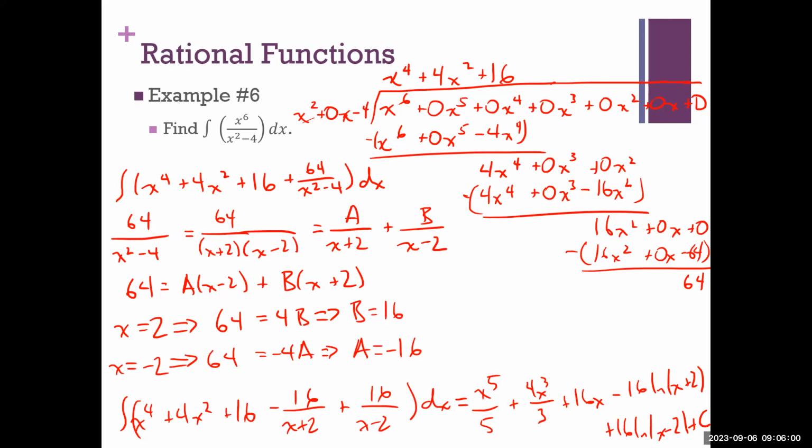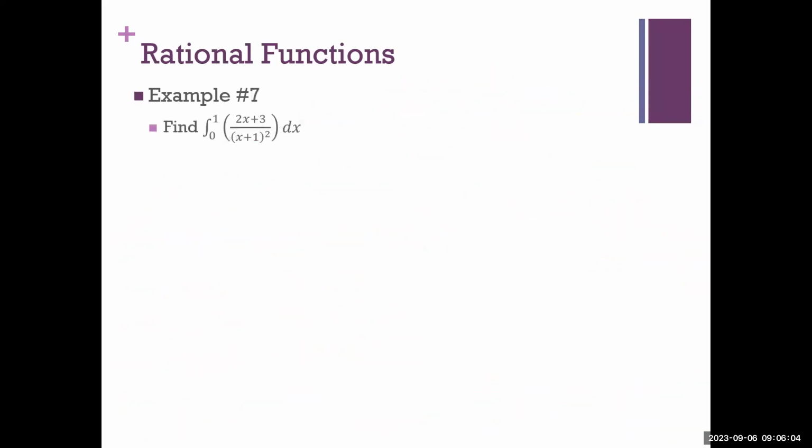Okay, so a couple more things I want to talk about with partial fractions. We have not done a definite integral yet, so let's do one. So it's been 5 days. How should we get started here? Okay, I need to look at the possible denominators. In this case, what are they? Okay, I have a vote for x plus 1 and x plus 1 squared.